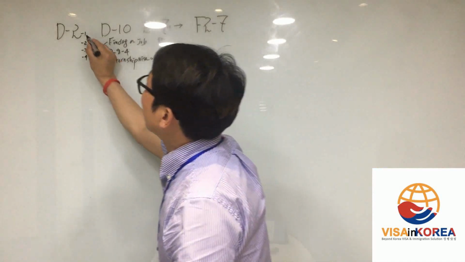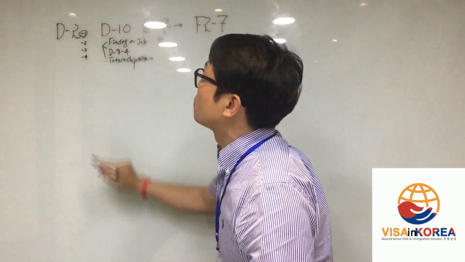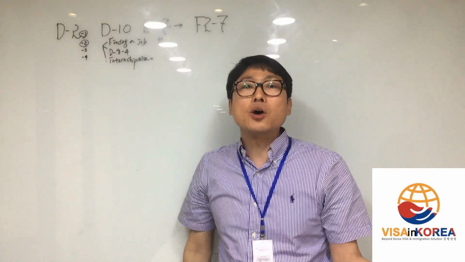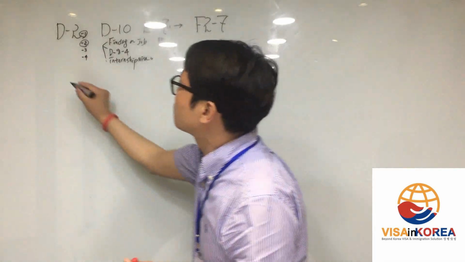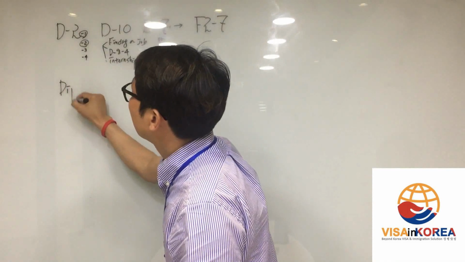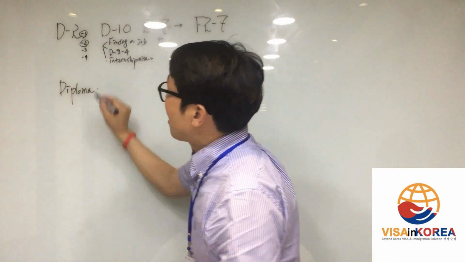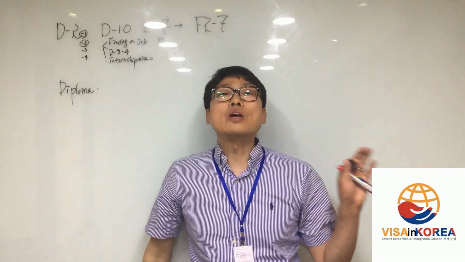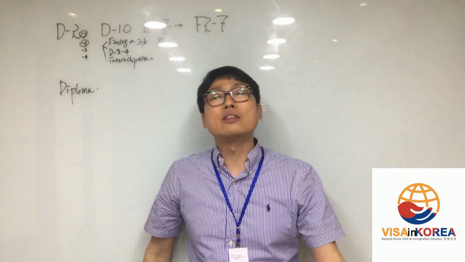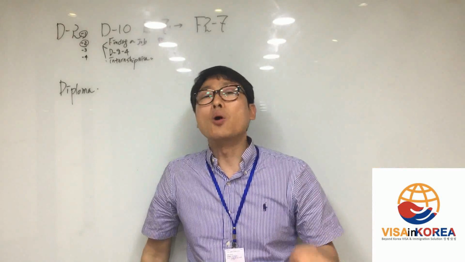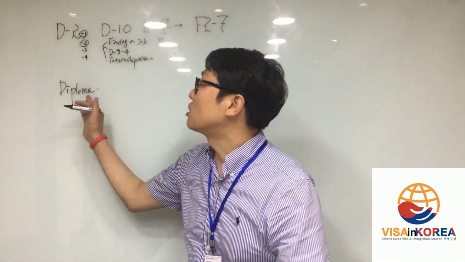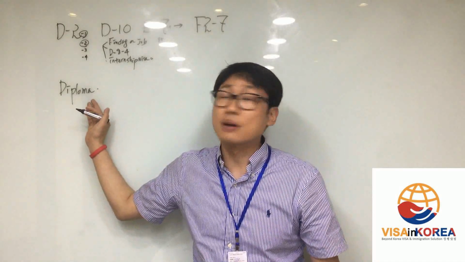For D2-1 and D2-2, the college and bachelor degree course students, it matters after the diploma. Certain universities require a thesis, so before you complete the thesis, they will not give you the diploma degree, right?